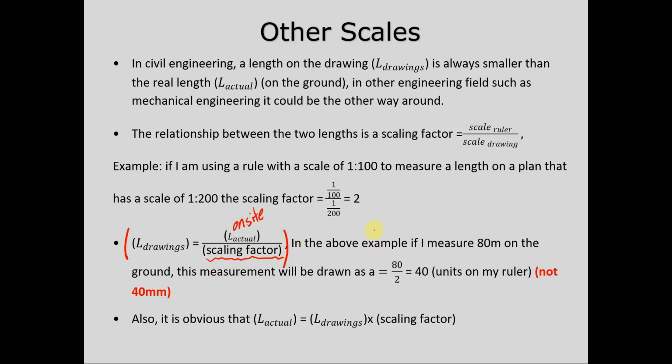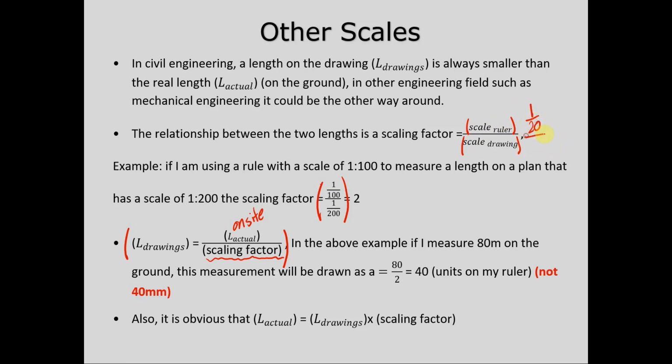The scaling factor will come from a combination of two different scales. The scaling factor equals the scale of your ruler divided by the scale of the drawing. When I say the scale, not the scale number, it's the actual scale. So if your ruler is 1 to 20, I'll put here 1 on 20.